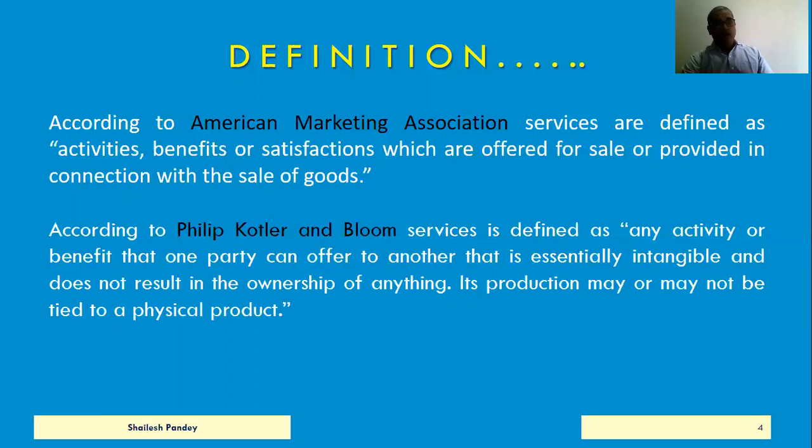You are buying a product which needs some technical assistance while using. In this situation, if company is sending some engineers to install that particular product at your home, that service is coming in the bundle of products.